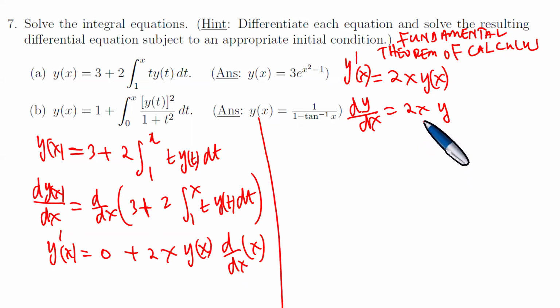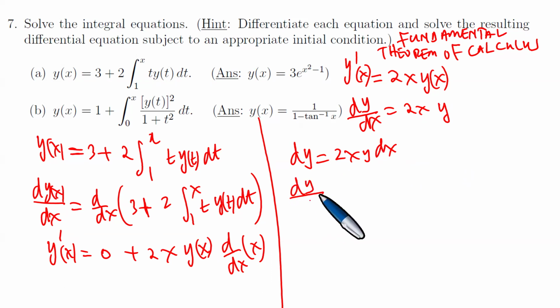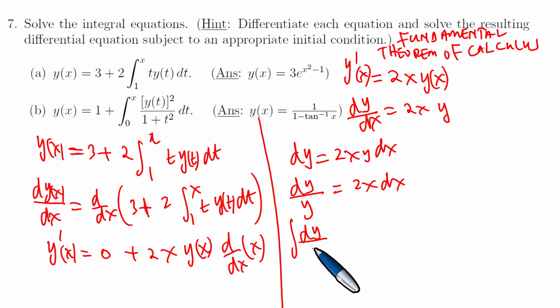The y prime is dy dx, equal to 2xy. You cross multiply and get dy over y equals 2x dx. You get the integral of dy over y equals the integral of 2x dx.